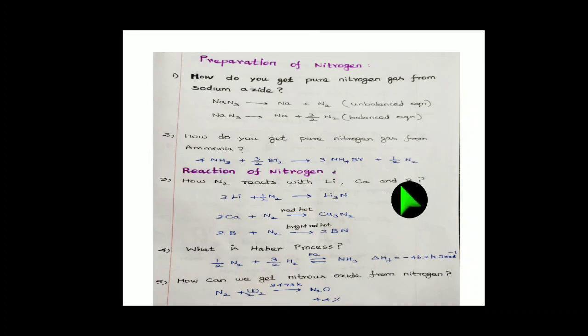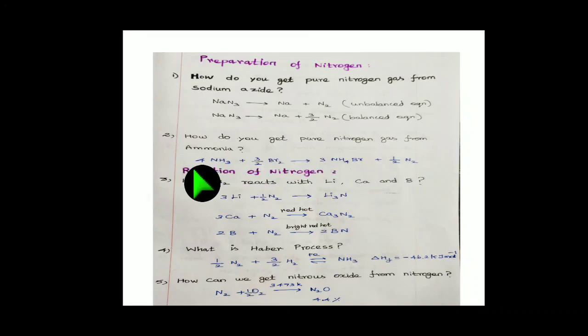Second question: how do you get pure nitrogen gas from ammonia? In this equation, nitrogen gas can be obtained by oxidizing ammonia using bromine water.